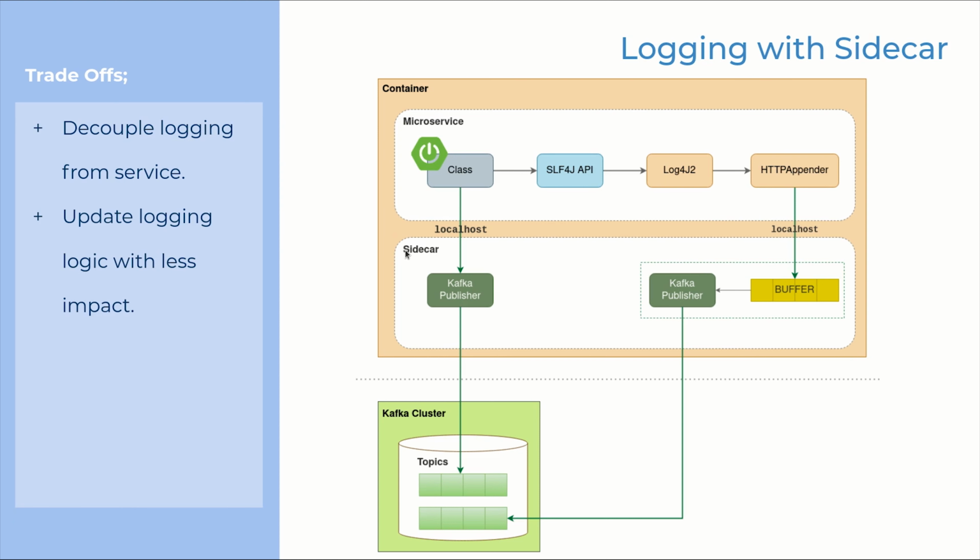There are a few negatives also, like this will increase the complexity of the solution, and you need to ensure the sidecar is available all the time. So decide to have this sort of implementation if you are running with a large number of microservices in a service mesh like environment. Then you can gain some other advantages also, like microservice communication and especially the ability of monitoring the services.